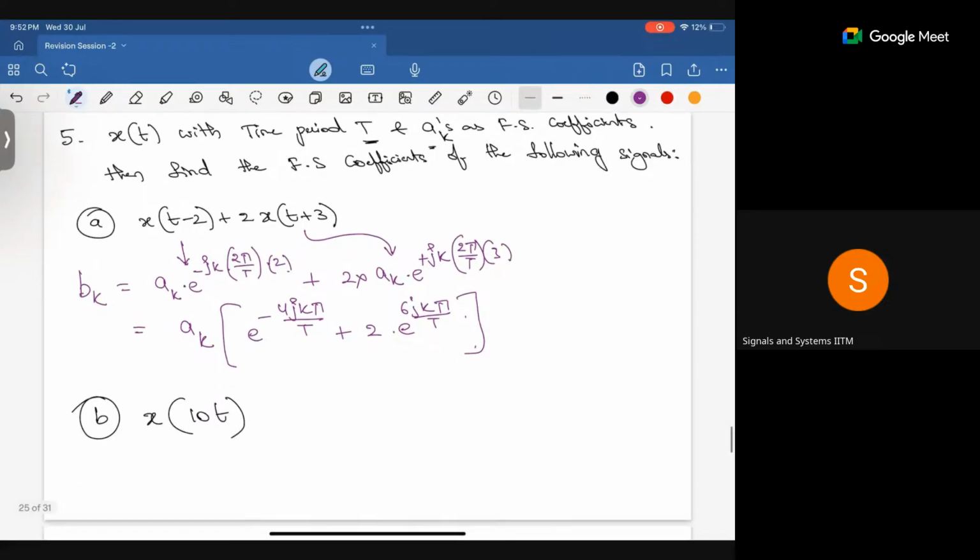Okay, and x of 10t, just now we explained, no? Just now we said this will have the same Fourier series coefficient ak, but the only change will be omega.